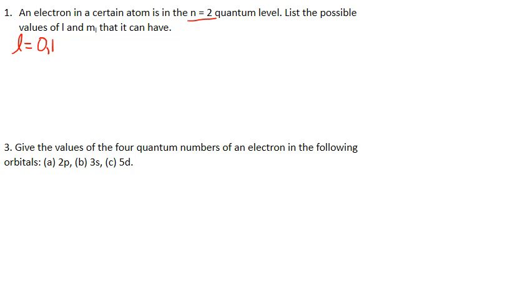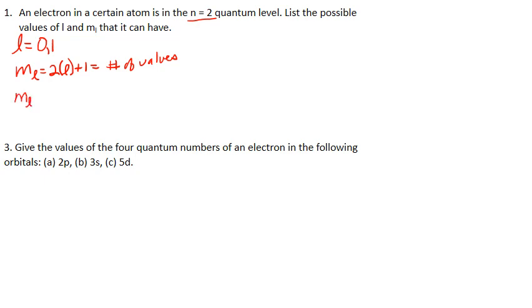Now, my m sub L values in class, we used a little formula where we said the number of m sub L values is equal to 2 times L plus 1 to give me the number of values or orbitals. We don't necessarily have to do that. Let's try and make it a little simpler, and let's just go straight to what the actual values are.